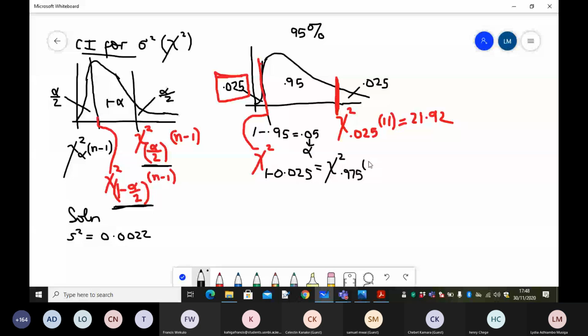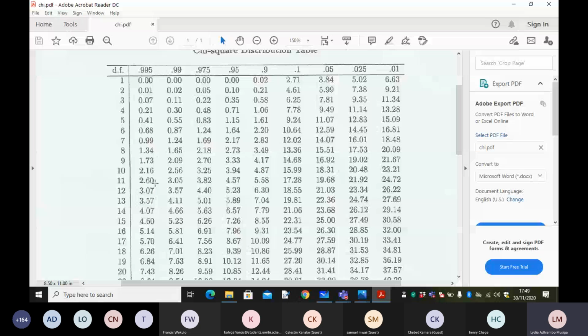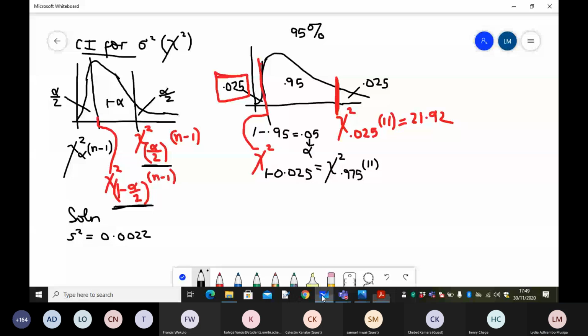So going to the table, 11 degrees of freedom, chi 0.975, I can see 3.82. So this is equal to 3.82.